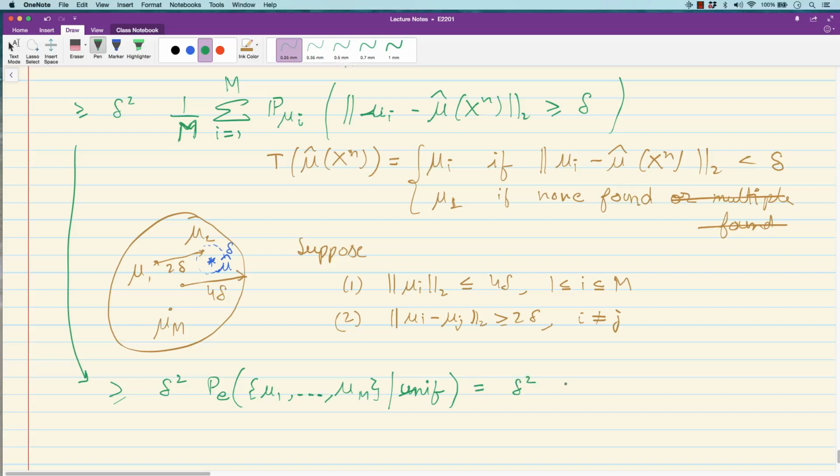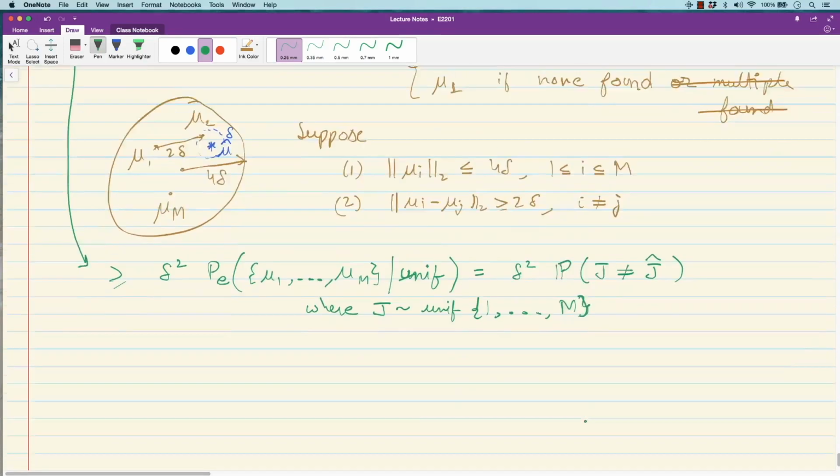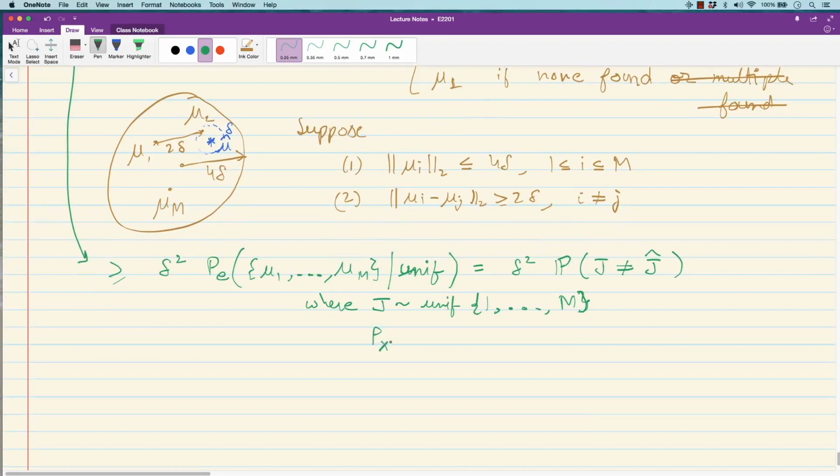This is equal to delta square times the probability that j is not equal to j hat, where j is distributed uniformly over 1 to m, and given j, x^n is IID Gaussian with mean mu_j when j takes value small j.